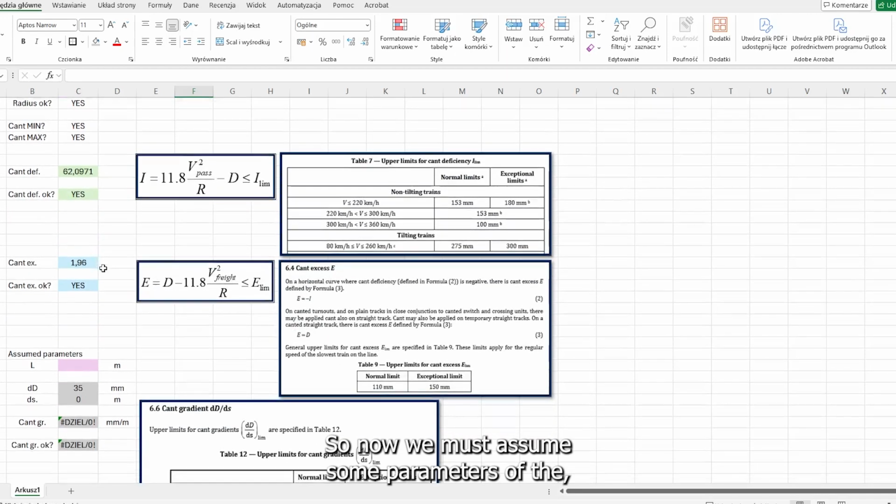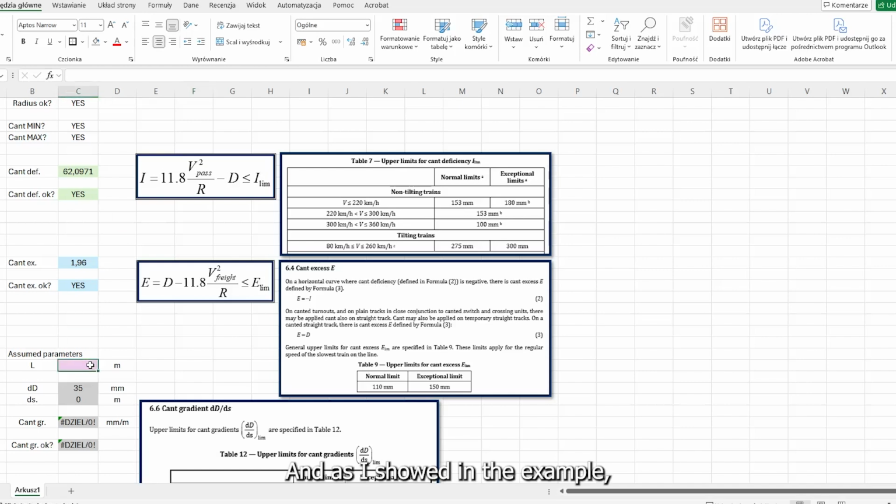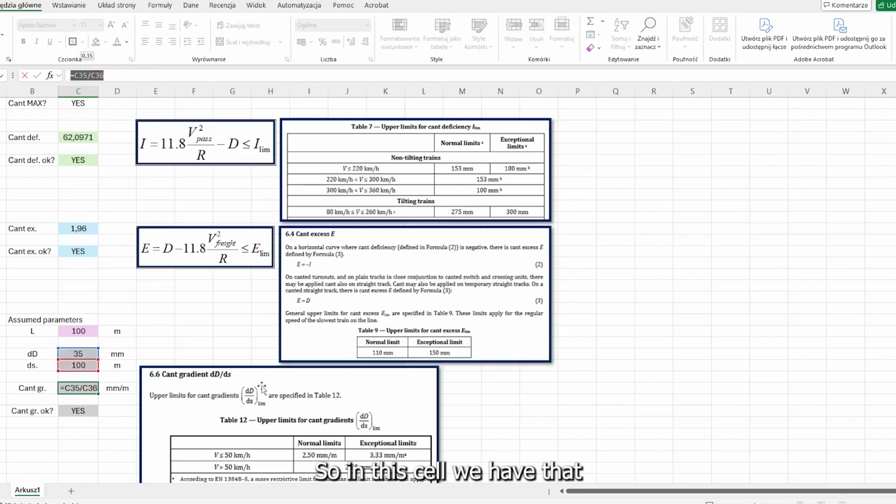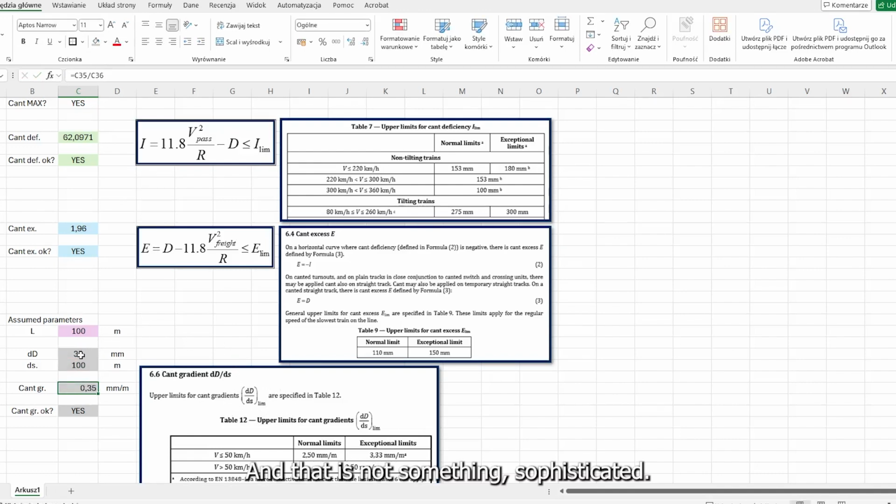So now we must assume some parameters of the transition curve, and as I showed you in the example in the other video, let's assume 100 meters, and we can see how the cant gradient is calculated. In this cell we have the formula for cant gradient, and it is not sophisticated.